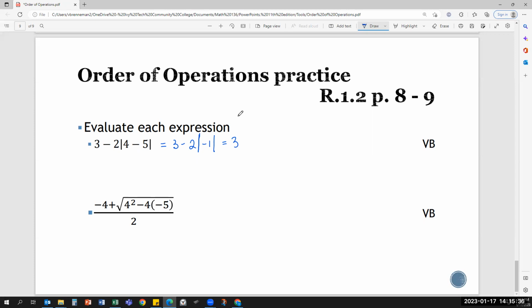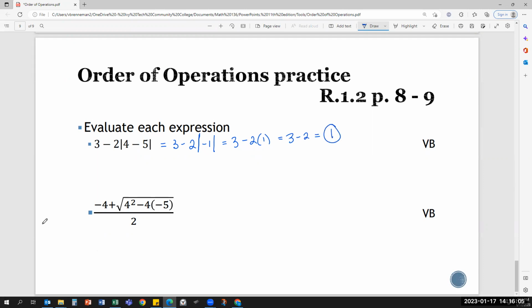But again, only after any calculations inside of the absolute value have been applied. So absolute value of -1 is +1. And now that I've done the absolute value operation, I don't have those symbols anymore, so I use parentheses to maintain the multiplication. 2 times 1 is 2. So this is now 3 minus 2, which is 1.